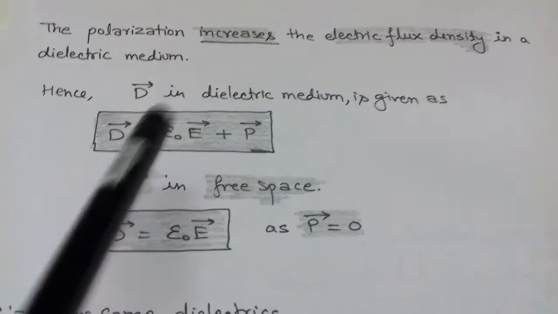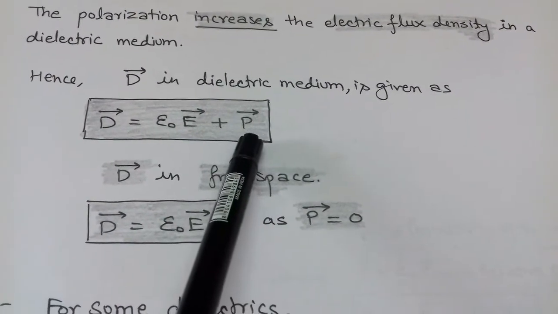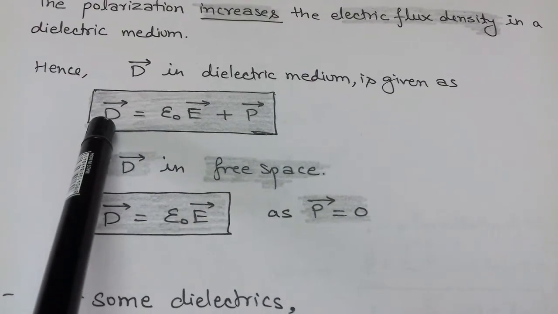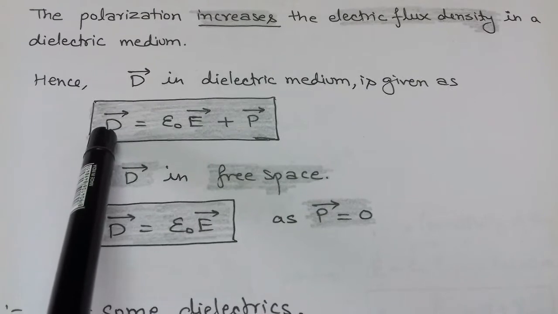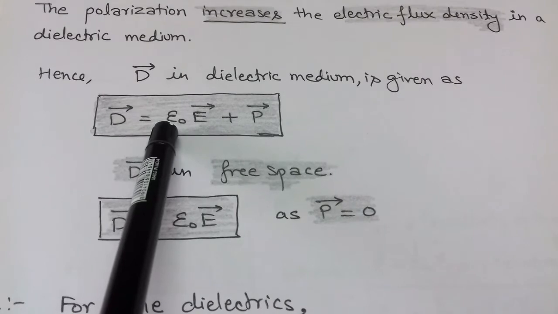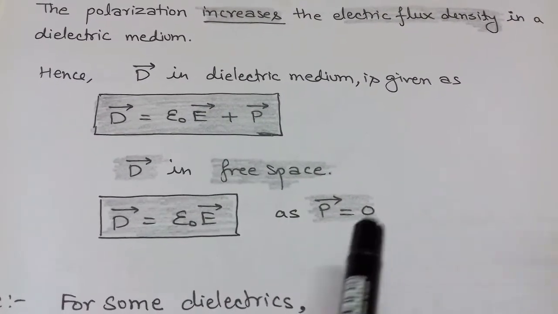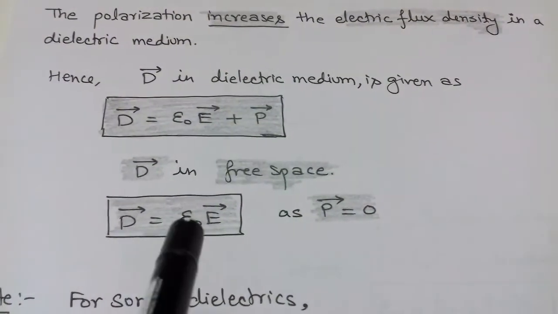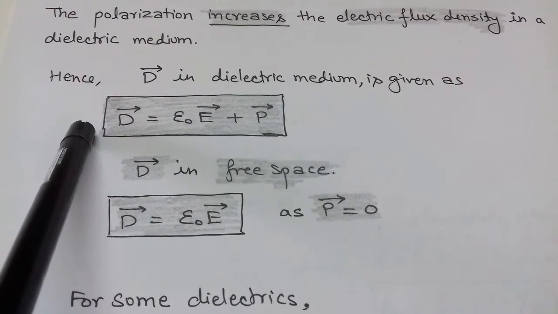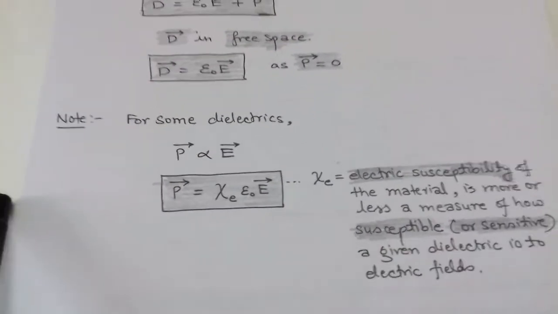Now when a dielectric medium is used in place of free space, then due to the polarization of the dielectric, the electric flux density increases, and so the electric flux density D in a dielectric medium is given by epsilon naught E plus vector P. Here P is the polarization. So this is the formula of electric flux density when we use a dielectric medium.